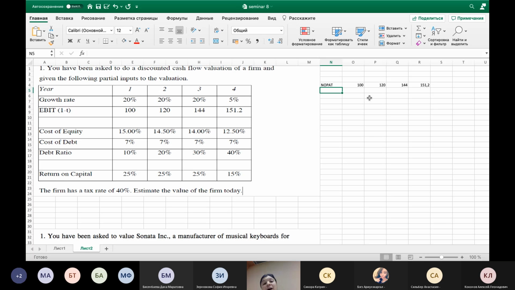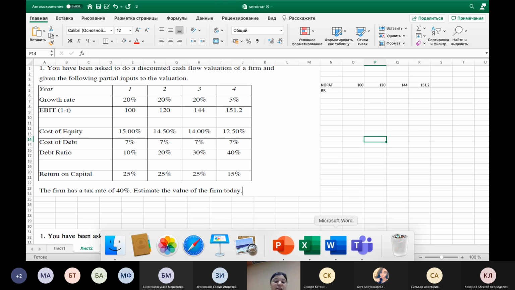As we are going on finding our free cash flows, let's calculate our reinvestment rate. Could you form the recommendations of finding our reinvestment rate? How could we find our reinvestment rate?